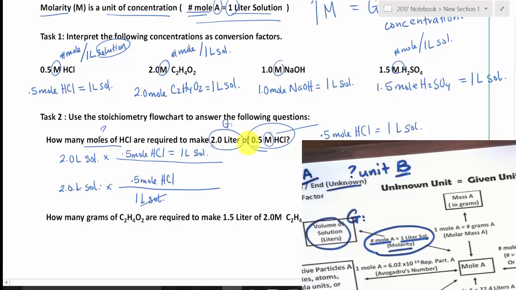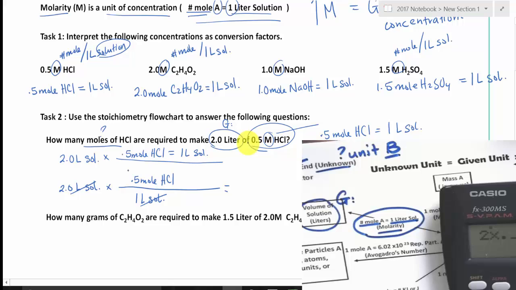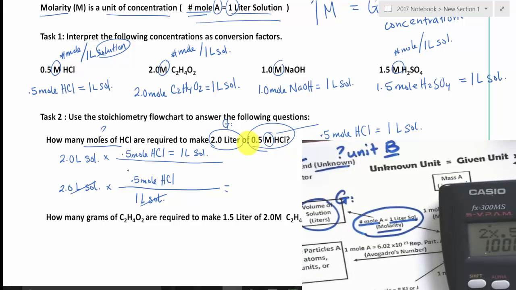And you divide that together and that cancels out. And we have 2 times 0.5. What is 2 times 0.5? That gives us 1.0. So we have 1.0 mole of HCl.